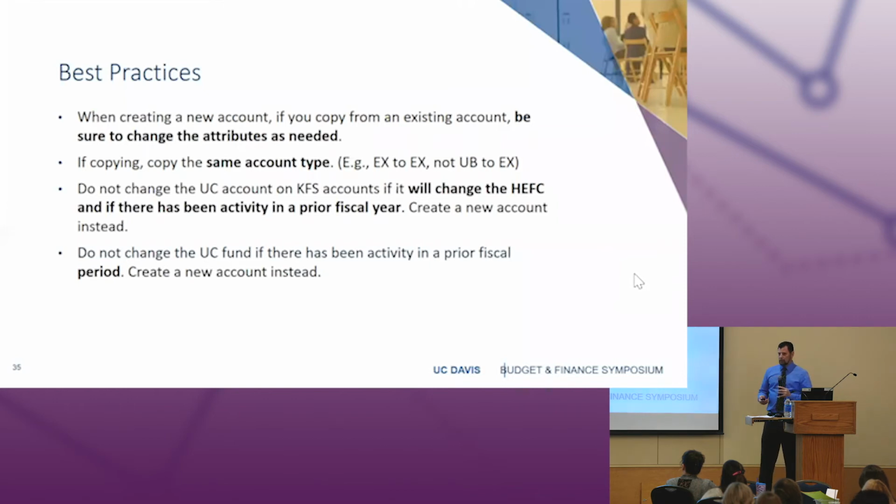So if you have an expense account and you're trying to create an expense account, copy an expense account. Don't copy an expended balance account because it's got way different attributes under there and it's not going to match up. So if you are going to copy, make sure that you change the attributes underneath. One being the org, one being the UC account if you need to, the fund, of course.